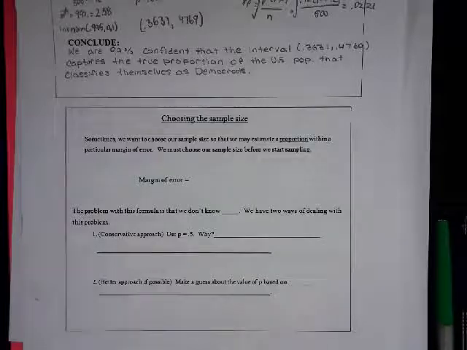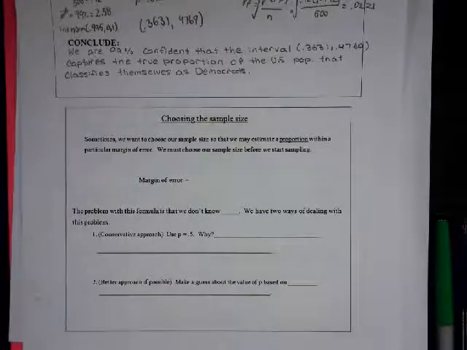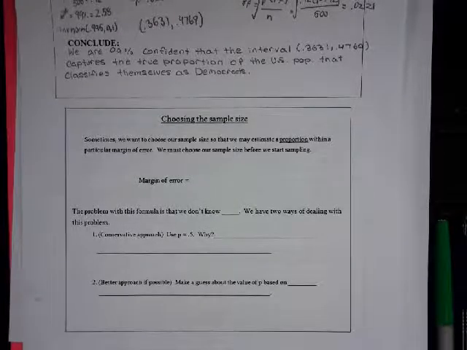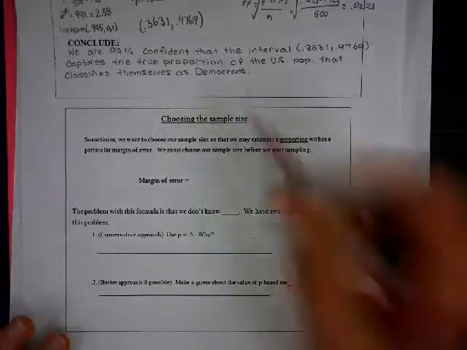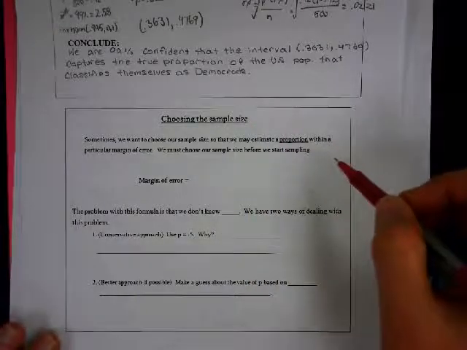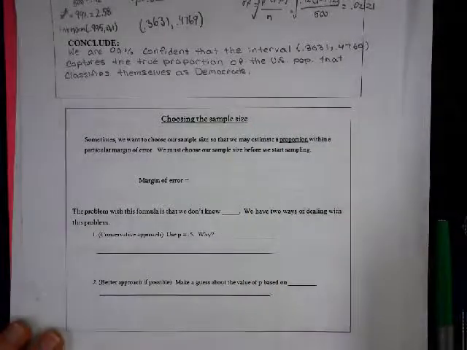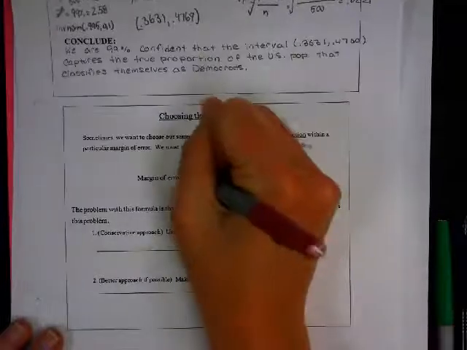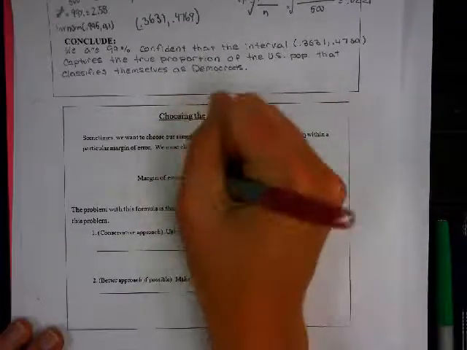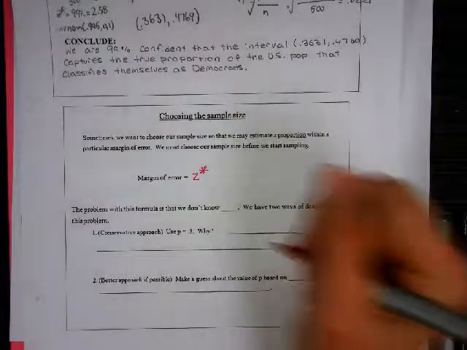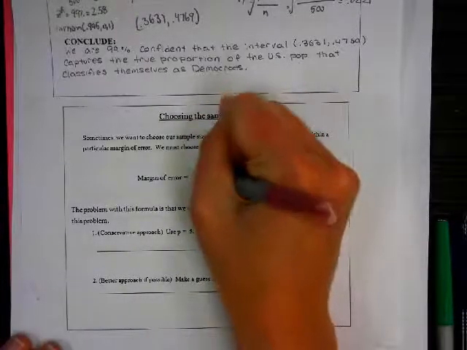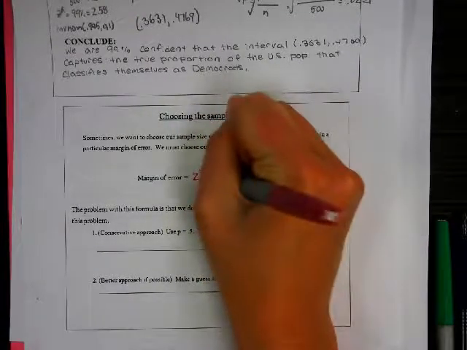You want to choose your sample size before we start sampling. Margin of error, remember, is the plus or minus part, so the Z star times your standard error, which really is Z star times the square root of p hat times 1 minus p hat divided by your sample size.